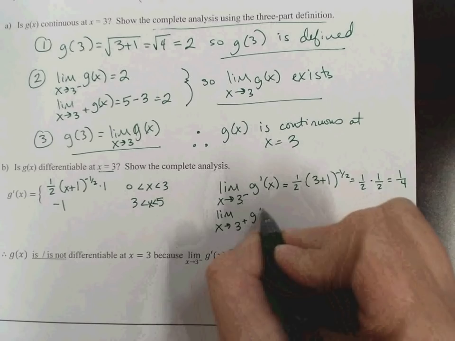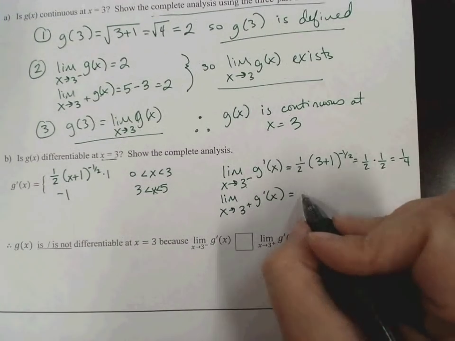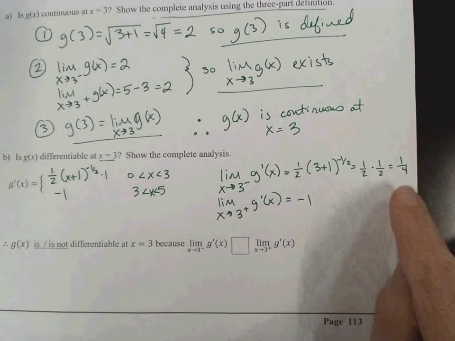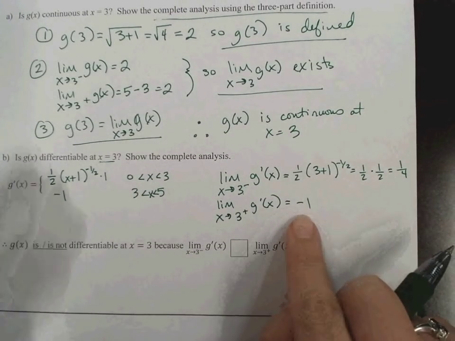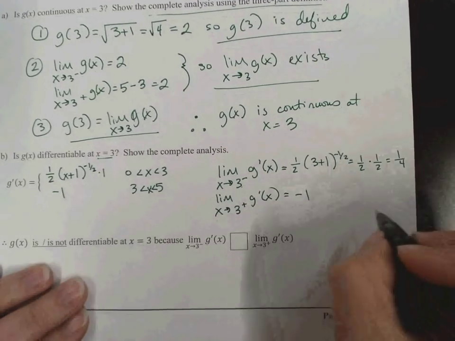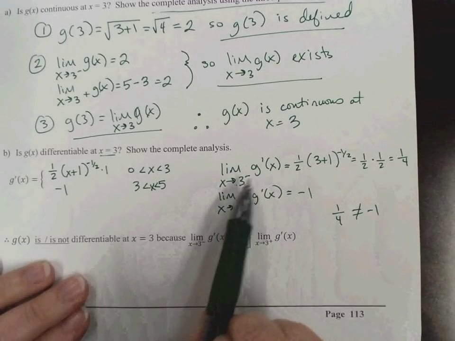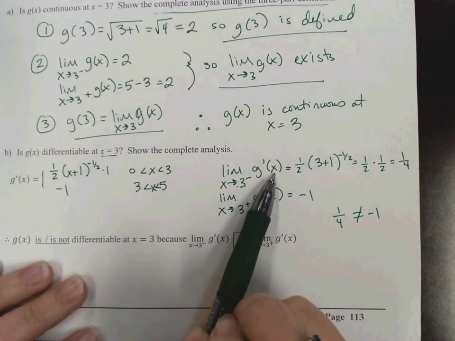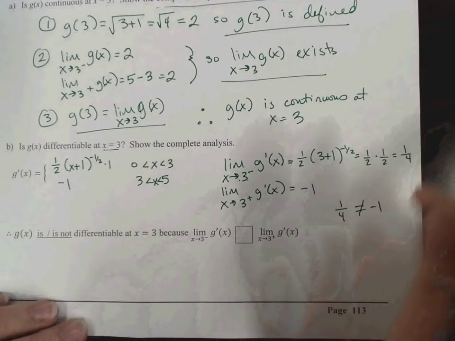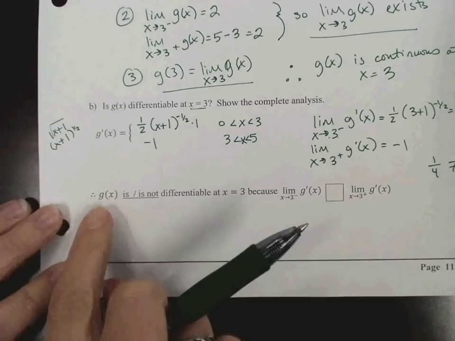And then the limit as x approaches 3 from the right, well, that's just a constant, so it's still going to equal that constant, negative 1. Does the left limit equal the right limit? No. All right? 1/4 is not equal to -1. The limit from the left of the derivative does not equal the limit from the right.